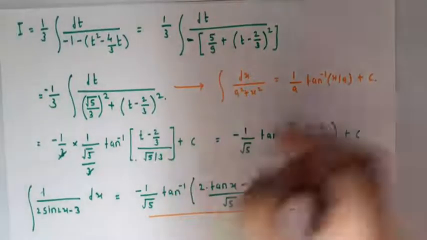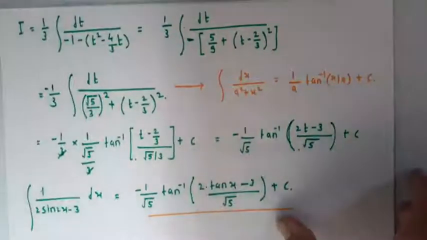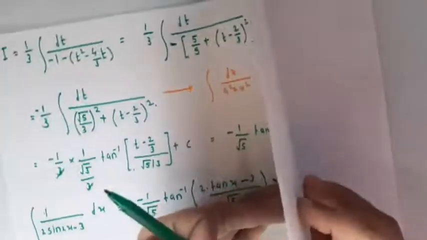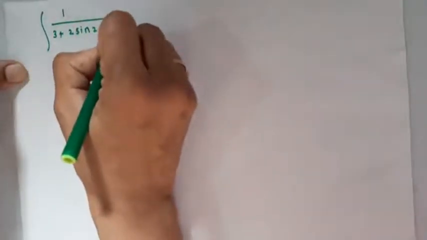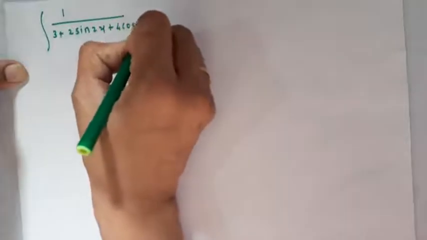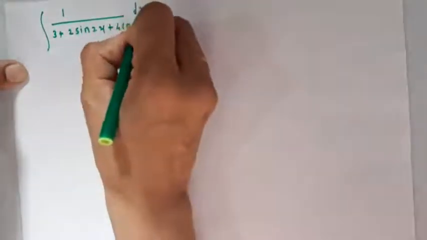Okay. Now the next problem is to evaluate the integration of 1 upon 3 plus 2 sine of 2x plus 4 cos of 2x with respect to x.